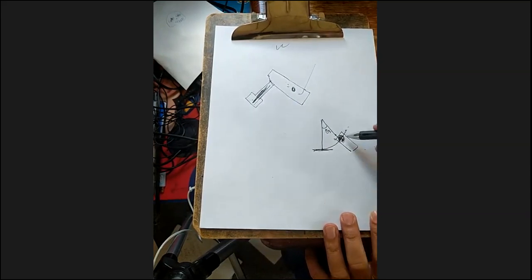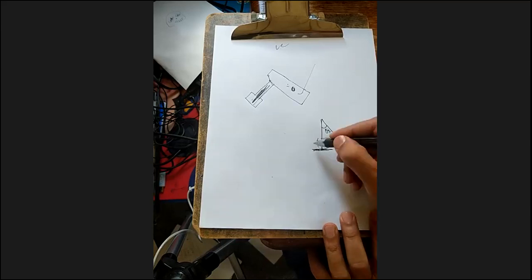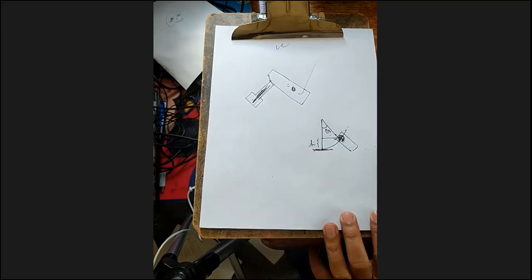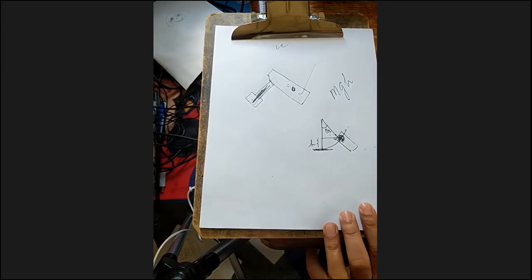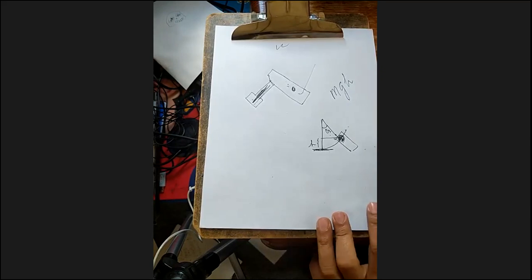When this guy rotates, the angle of rotation of the link is theta L, right? So what is the height of the link above the ground? This is my height at a particular time. We have to figure out the h. Then our potential energy is mgh. So what is h?